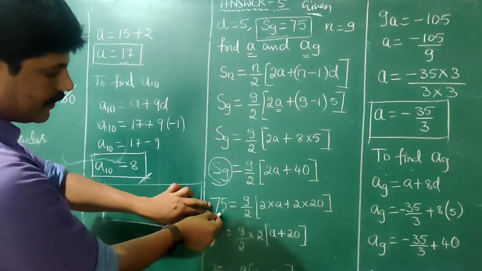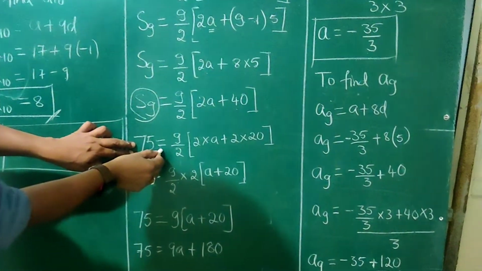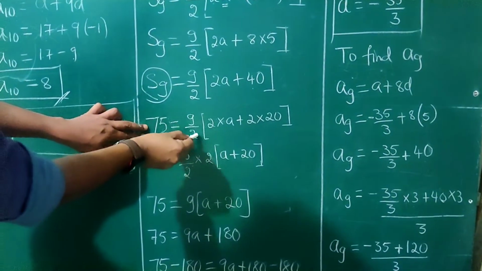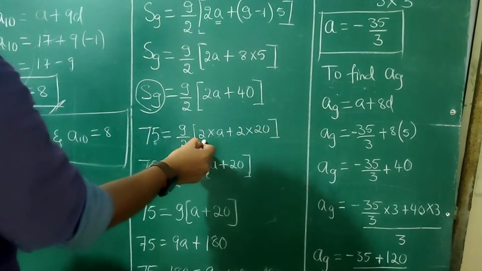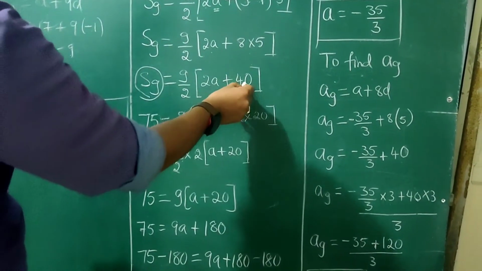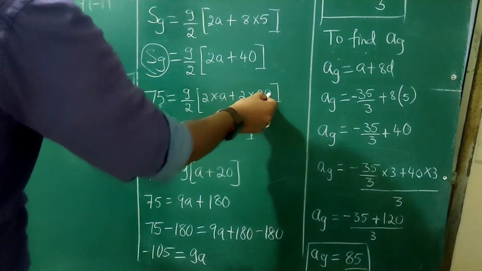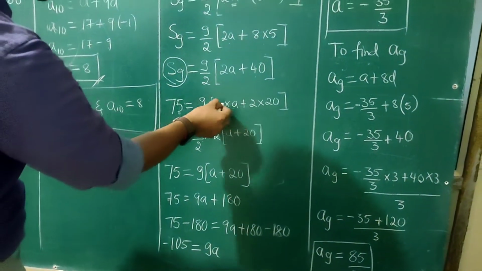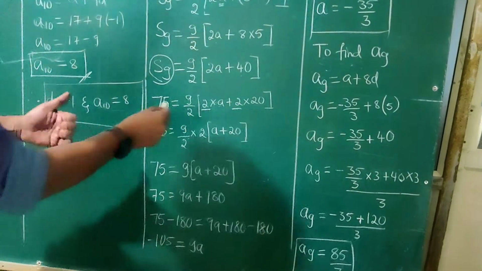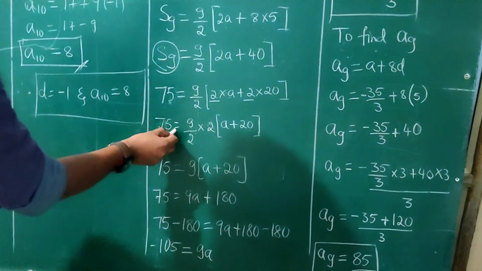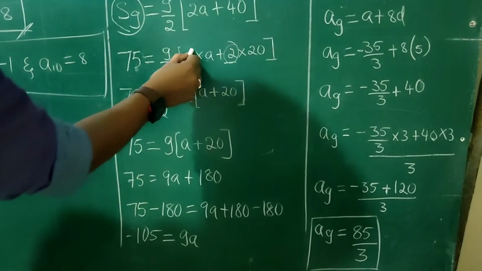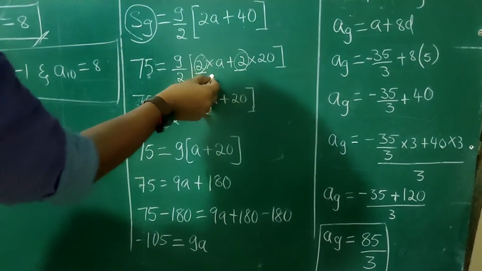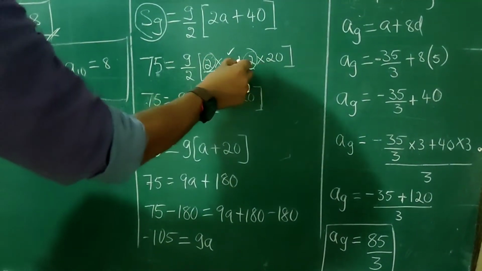Now substitute. S9 is equal to 75 is equal to 9 by 2 into 2A, which is nothing but 2 into A, plus 40, which is nothing but 2 into 20. So 2 and 2 are common factors. Remove this common factor, so that 75 is equal to 9 by 2 and these common factors are removed. See properly, after removing the common factor, what is left is A plus 20.